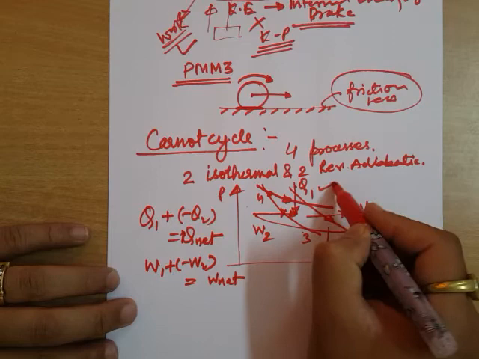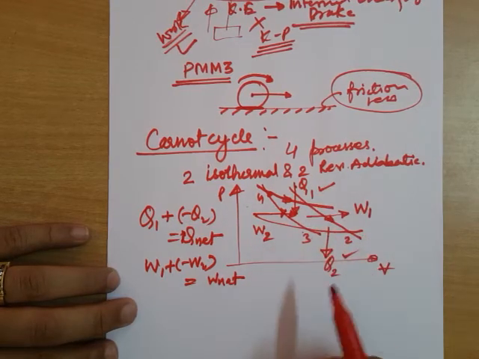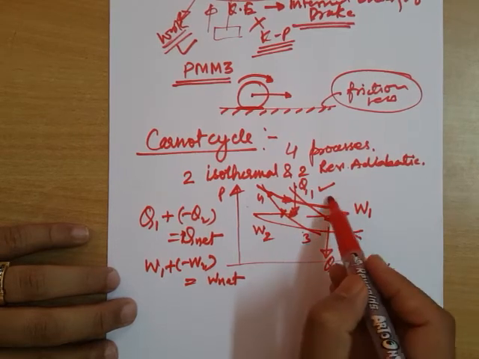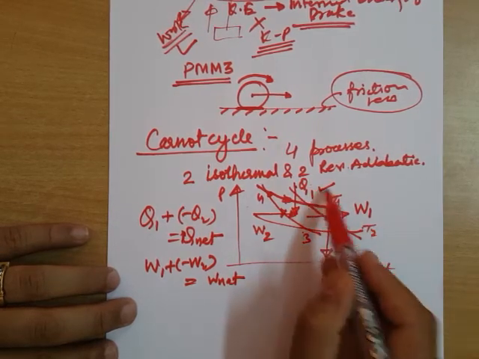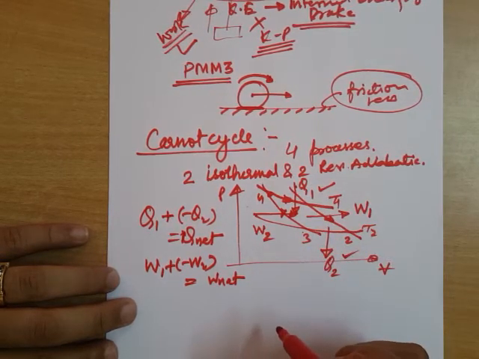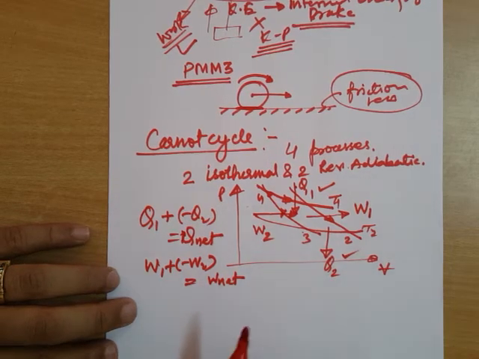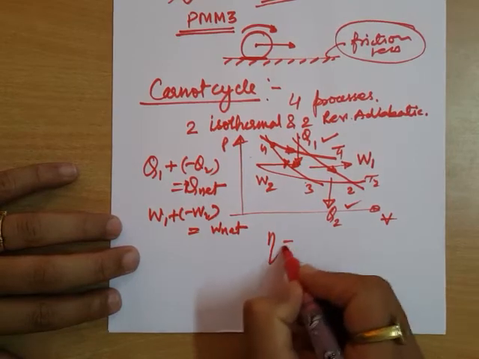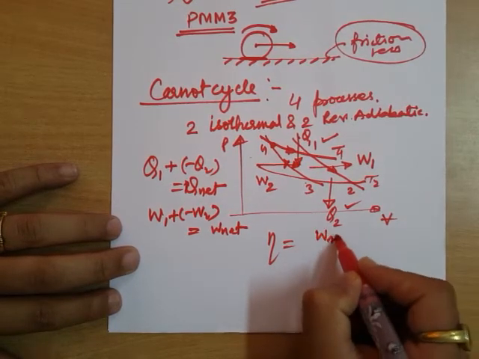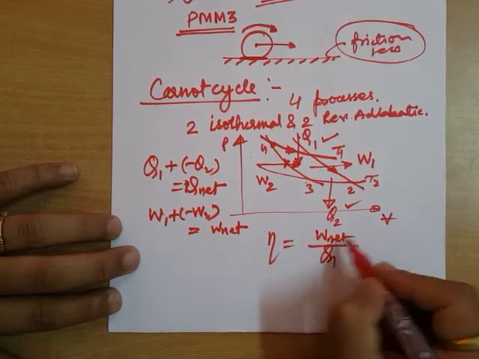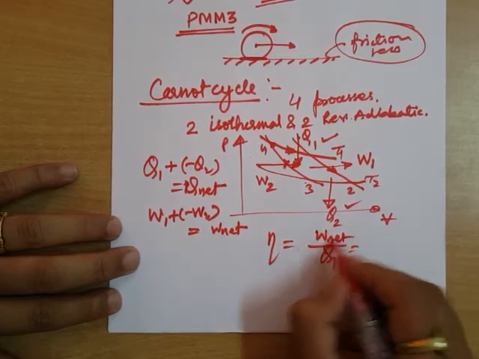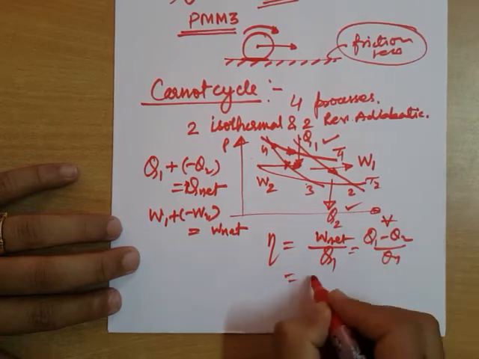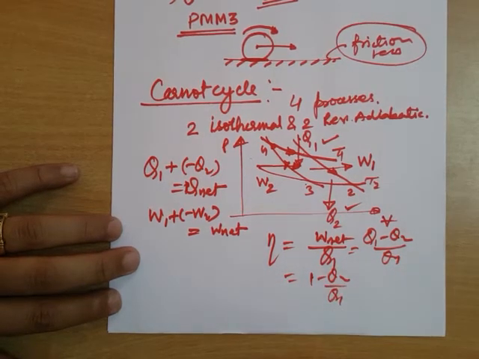And this is very well possible because you have two thermal energy reservoirs which are supplying heat at T1 and T2. So friends, the efficiency of this cycle will be net work transfer to that of heat input, and net work transfer is the same as net heat transfer. So this will be Q1 minus Q2 by Q1, which is simply 1 minus Q2 by Q1.